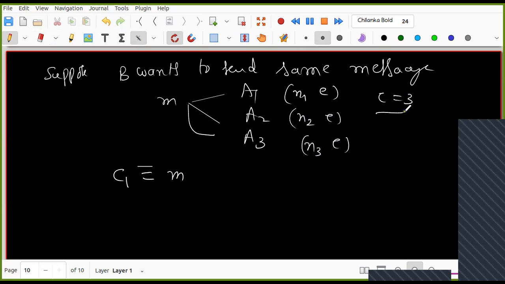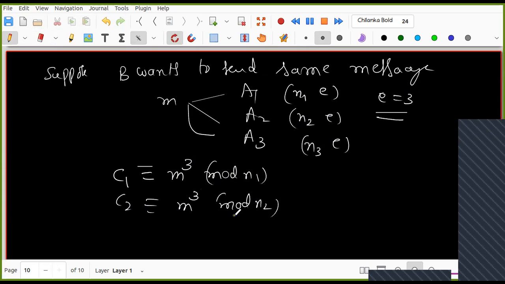Since E equal to 3 is given, a small exponent, C1 is congruent to M cube mod N1, C2 is congruent to M cube mod N2, and C3 is equal to M cube mod N3.